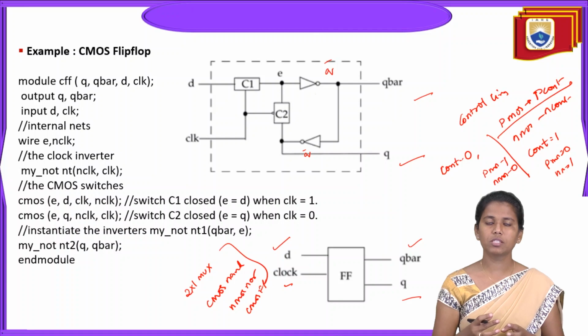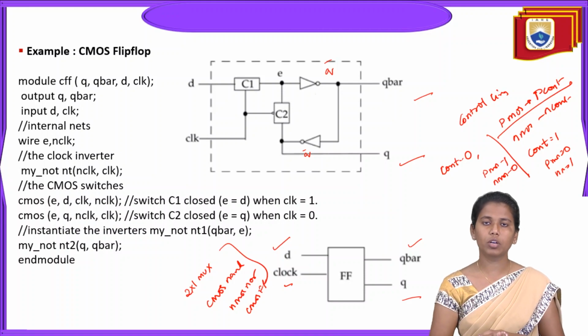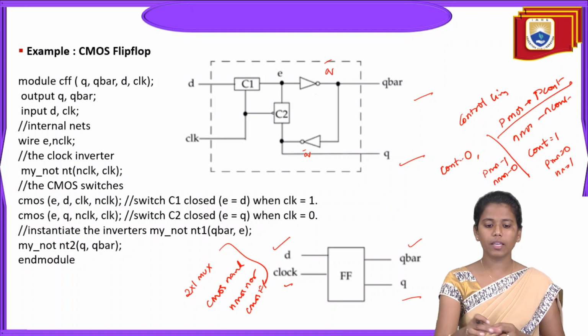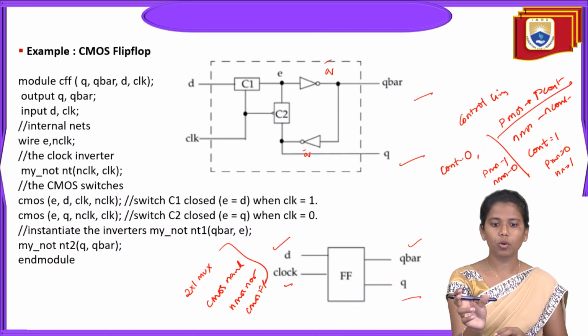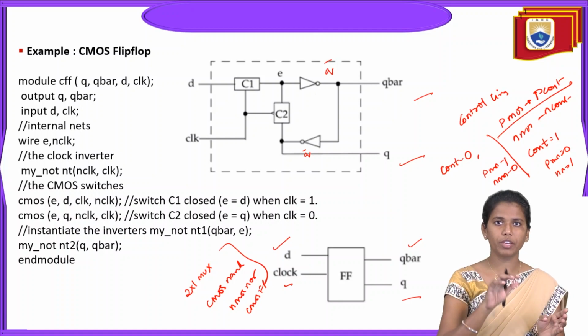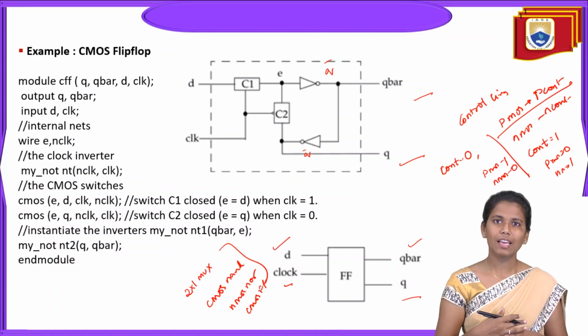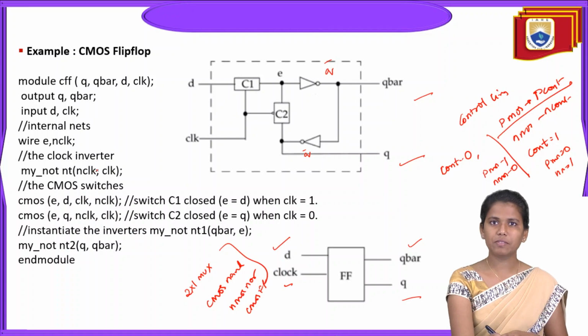So the CMOS switch is the combination of both PMOS and NMOS, and for the examples that you are considering pertaining to the CMOS NAND gate or CMOS OR gate or the flip-flop, whatever you are considering, make sure that in the coding part, you have to write the module, name of a module, port list, and then go with instantiation of input, output, and then finally the clock as well as the inverters. Okay, inverters, clocks as well.